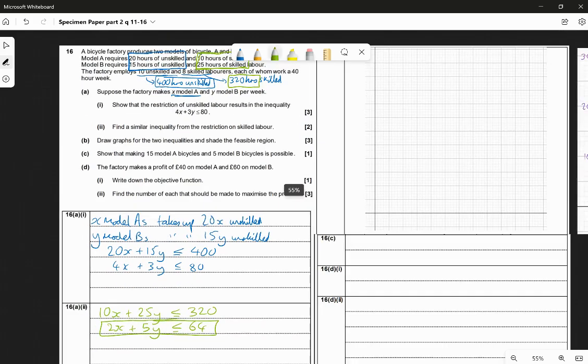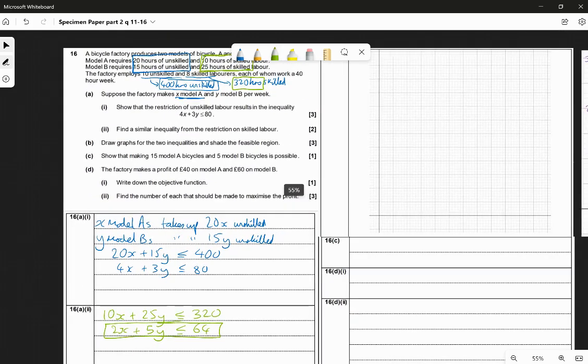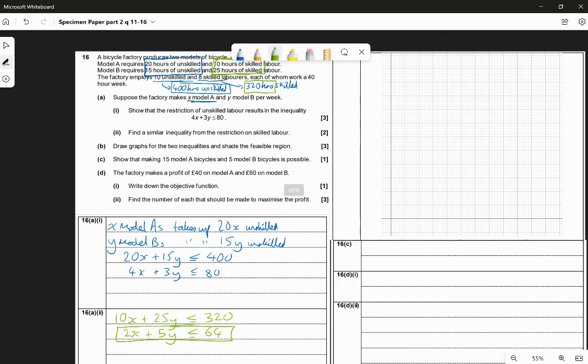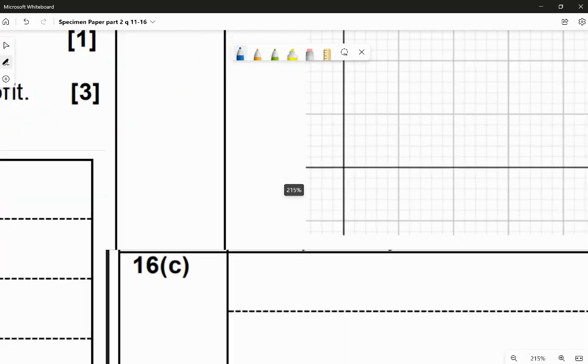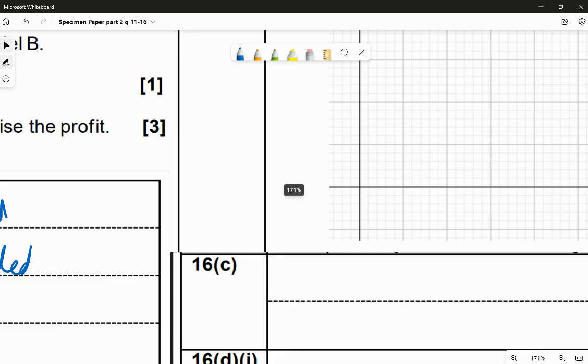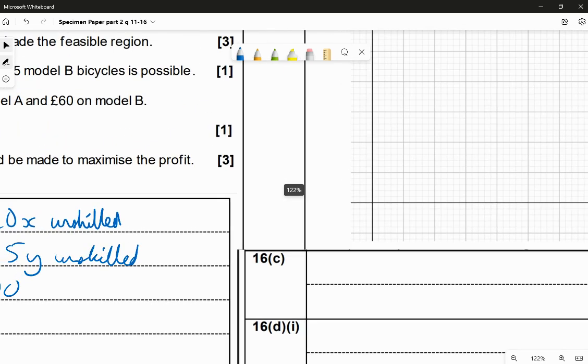Draw graphs for the two inequalities and shade the feasible region. Okay, now I had a look at this piece of graph paper they gave me for this sample paper, and I didn't like it, because if I use it where every little square was 1 unit, then it wouldn't quite be enough.